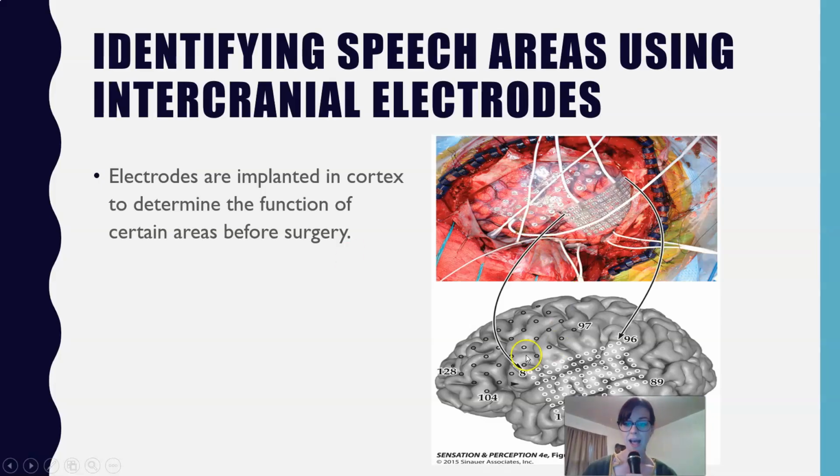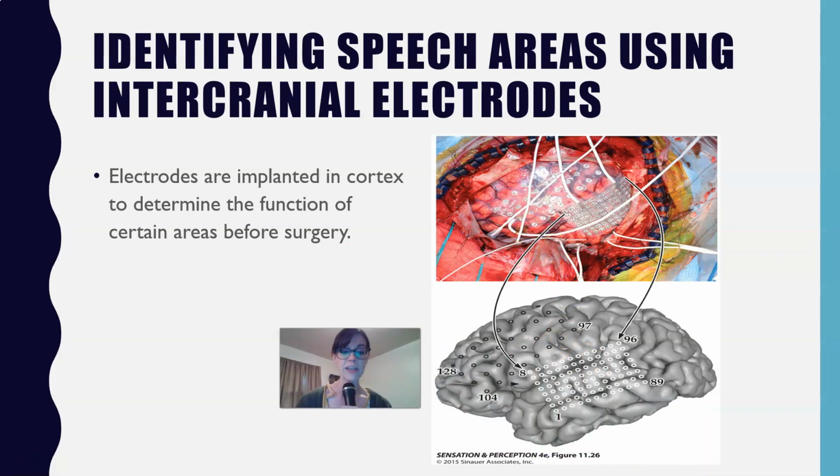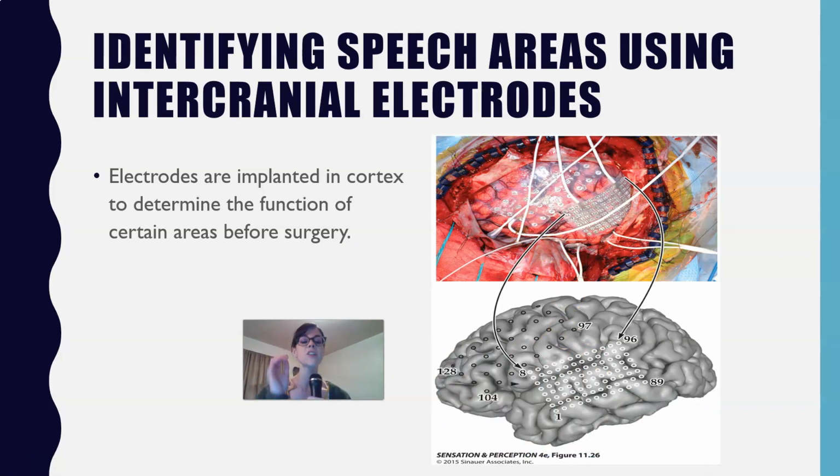One of the other things we know, because of what we know about speech sounds, is that a lot of research has been done with intracranial electrodes, so electrodes that are placed right on the cortex itself. Usually you would do this to make sure, before you do brain surgery, that you're not removing areas that produce speech arrest.